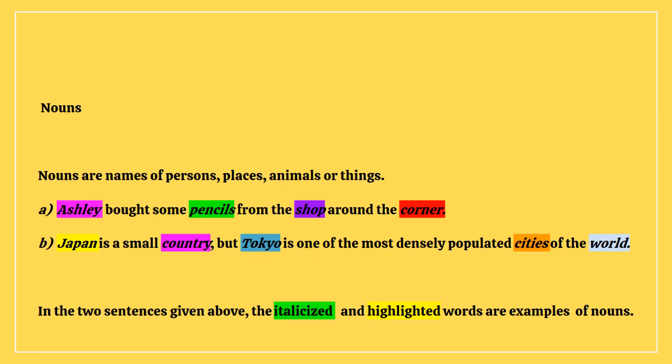In the two sentences given above, the italicized and highlighted words are examples of nouns. Ashley is the name of a person, pencils are the names of things, shop and corner are the names of places, Japan is the name of a place, country is the name of a place, Tokyo is the name of a place, city and world as well.